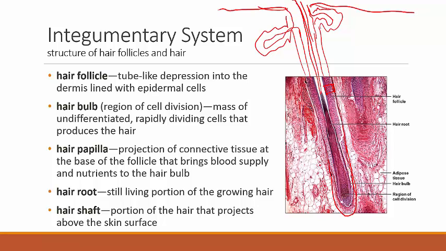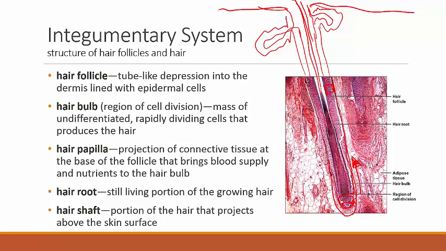And then inside the follicle, there's this area here called the hair bulb, and it's this region that is the region of greatest cell division. So here we have lots and lots of rapidly dividing epithelial cells that will grow and divide, sending the hair growing toward the skin surface.